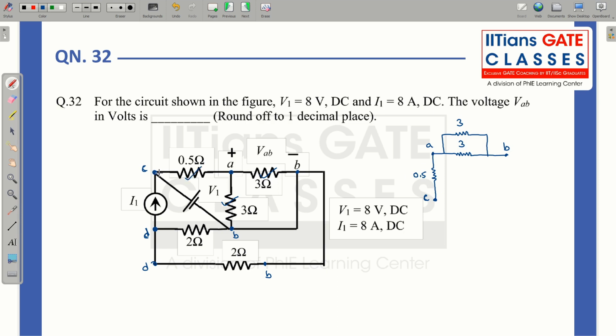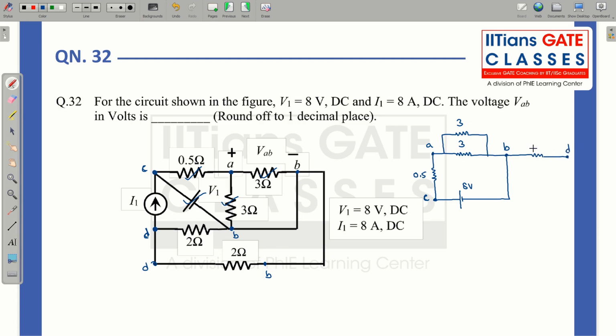So in between C and B, I have this voltage source. What is the value of this voltage source? So 8 volt is given. So in between B and D, let me mark one more position. B and D, I have two 2 ohms. So let this be 2 ohm.